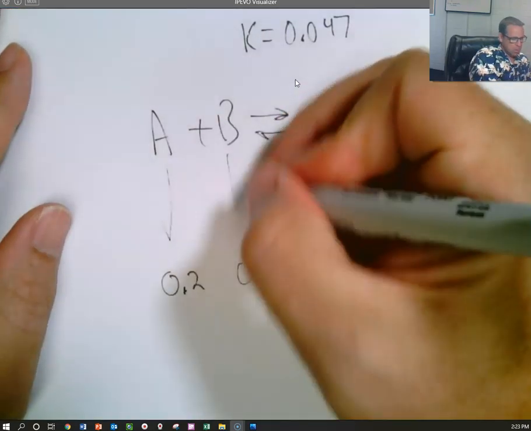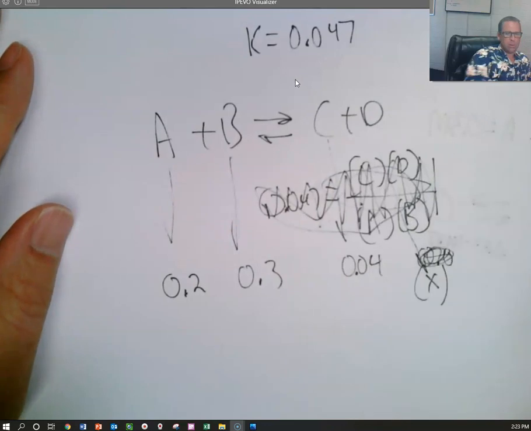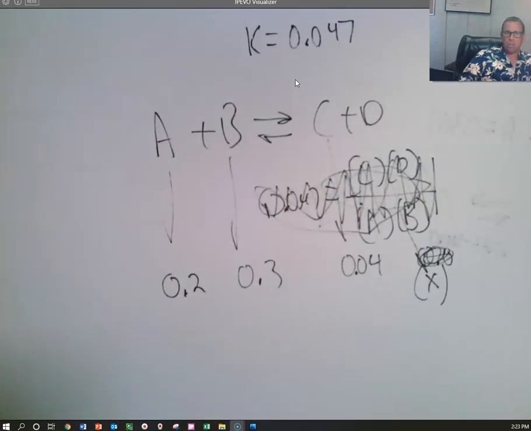So the concentration of A, concentration of B, concentration of C. Can I identify what the concentration of D will be at equilibrium? Any ideas, Camille? How would I do this?